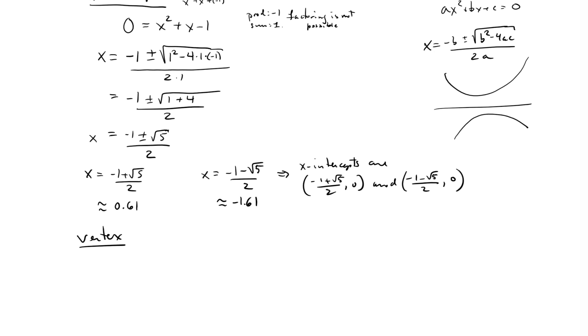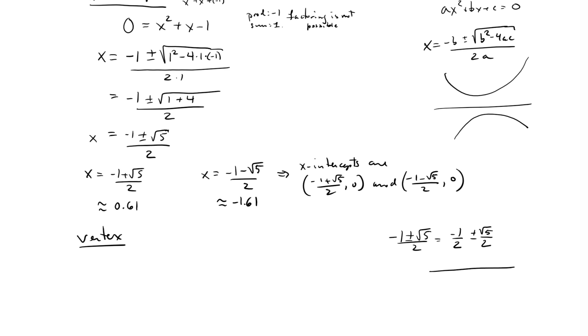What else? We need the vertex of our parabola, which is halfway between our x-intercepts. But notice something: the x-intercepts are minus 1 plus or minus root 5 over 2. There's a good way to write this. You can write this as minus a half plus or minus root 5 over 2.